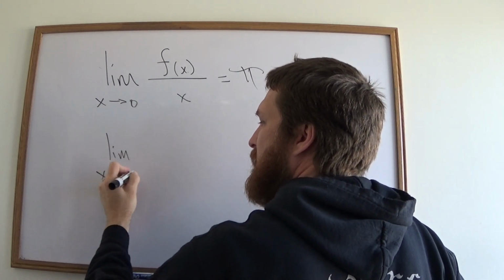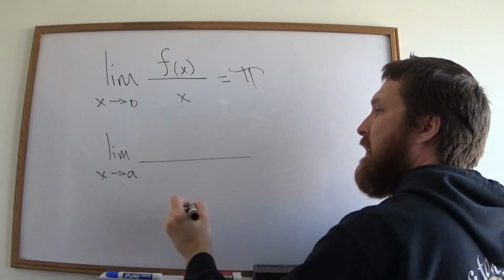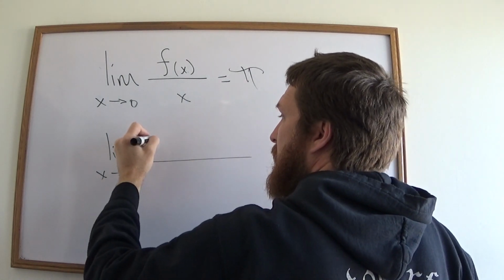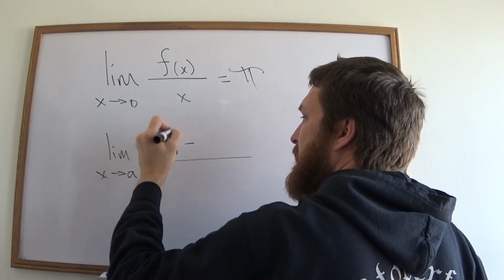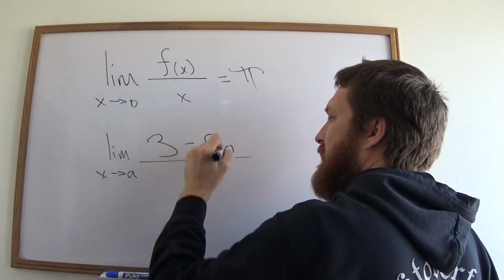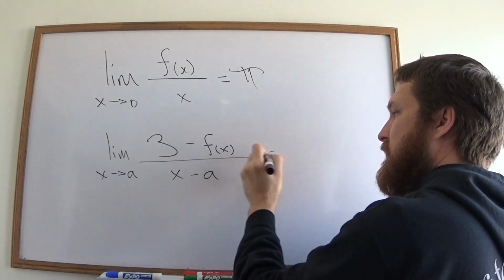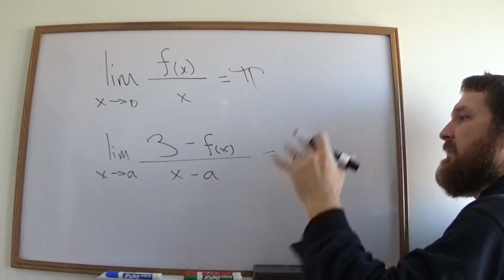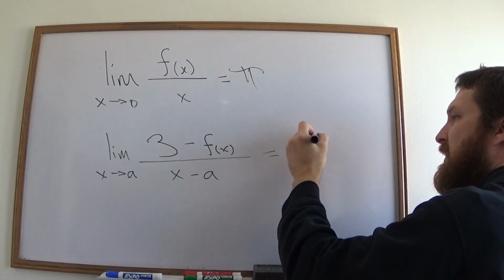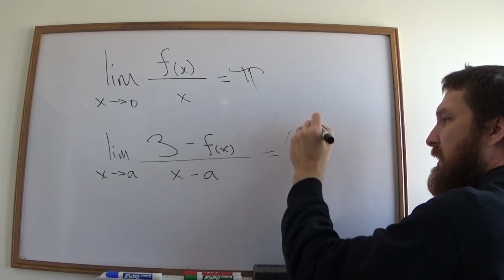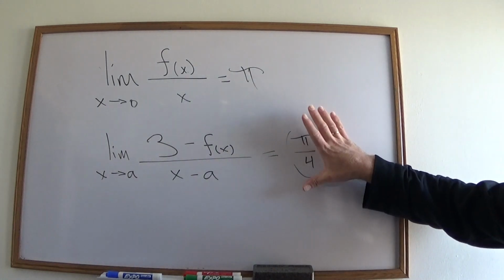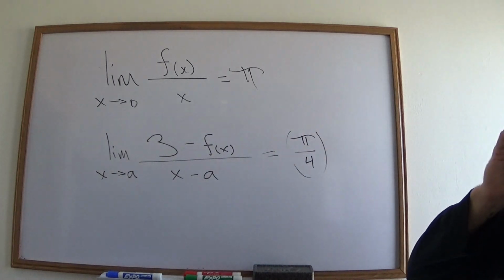The limit as x goes to a of 3 minus f of x over x minus a. I tell you that this is equal to some finite number, maybe pi over 4, any finite number. What does that mean?